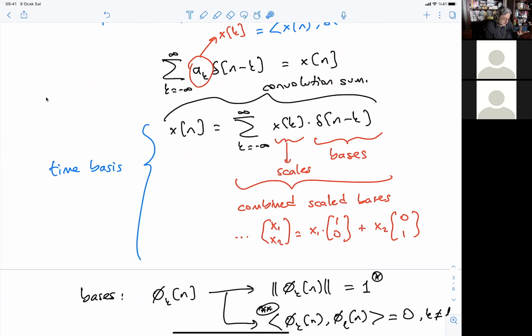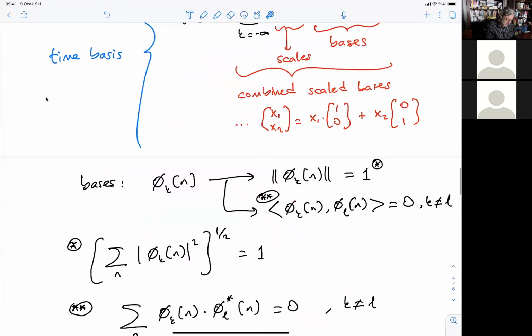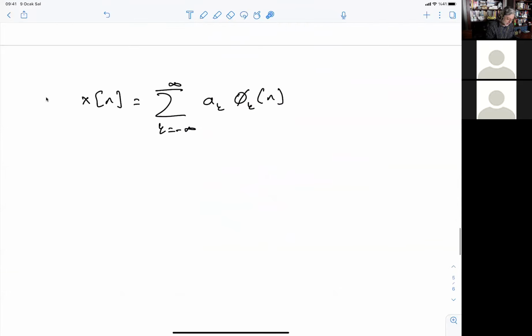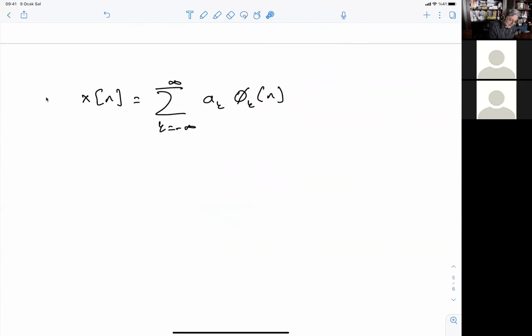So the coefficients already represent x[n]. But the way to obtain those things, including in this particular example, is very simple, as long as these phi_k[n] basis signals are orthonormal.